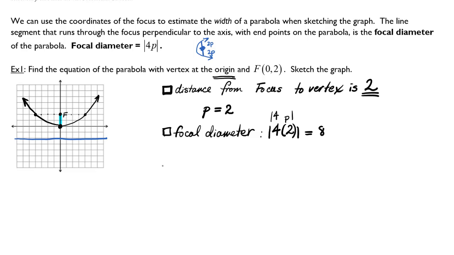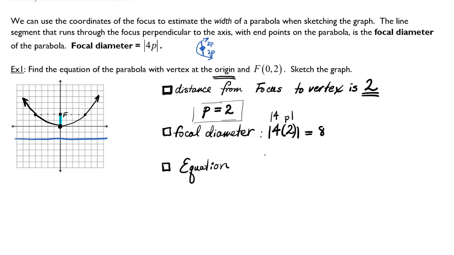The last part of this is to write the equation for this parabola. The equation will be based off the focus and the vertex distance, which is P equals 2.